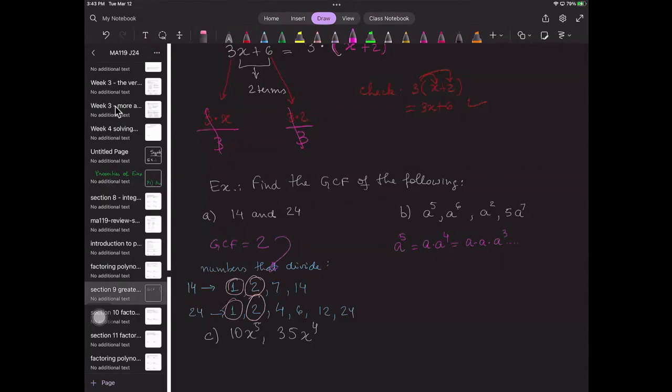Since it has to divide all of them, the one with the lowest exponent is the common factor, because of course a higher exponent does not divide into the smaller exponent. So for example, a to the 5th cannot be divided by a to the 7th. As a polynomial, the exponent has to always be a whole number, and we know by properties of exponents that this is 5 minus 7, so it's a to the negative 2. Negative 2 is not a permissible exponent when you have powers in a polynomial. We're talking about polynomials. So this is not a polynomial.